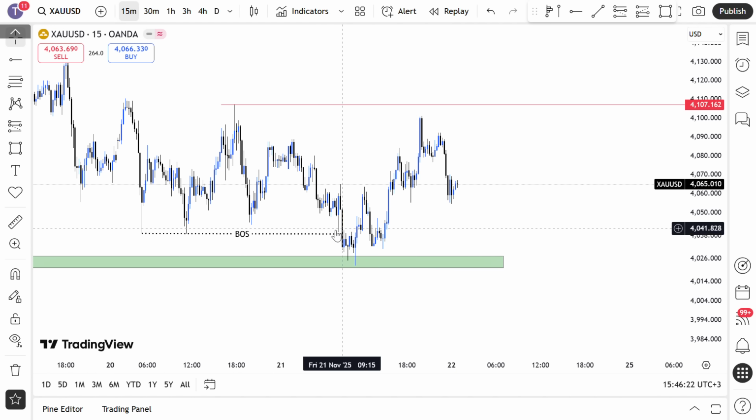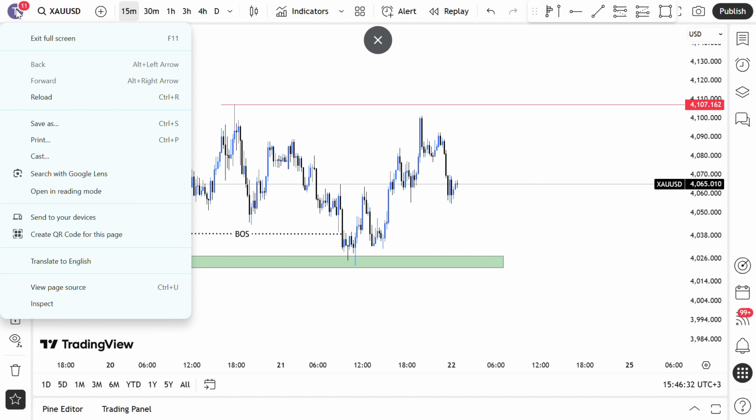I want to look for an opportunity to buy, but because I do not have a confirmation that gold is going to buy, I'm going to wait for a confirmation because it is very, very important to look for a confirmation before you take any trade.